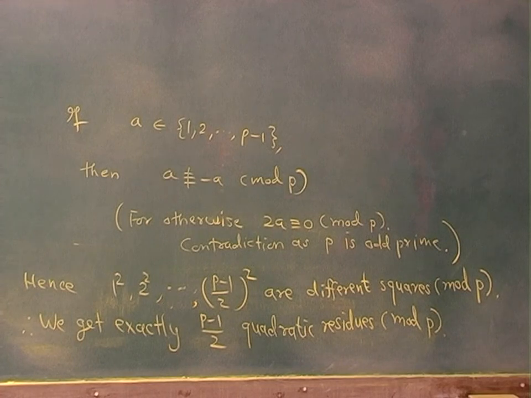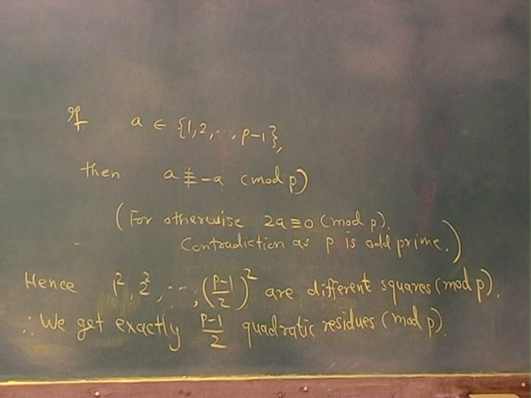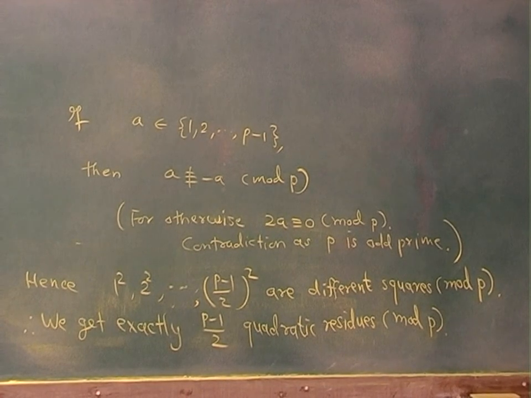Now, how to decide that a specific number is a square mod p? So the natural method is you have a list of squares, see whether your number is in that list or not. You already have listed 1 square, 2 square up to ((p minus 1) by 2) square. This is possible for a small value of p. If you just take p equal to 30, you can list these squares mod 30, and I can decide.